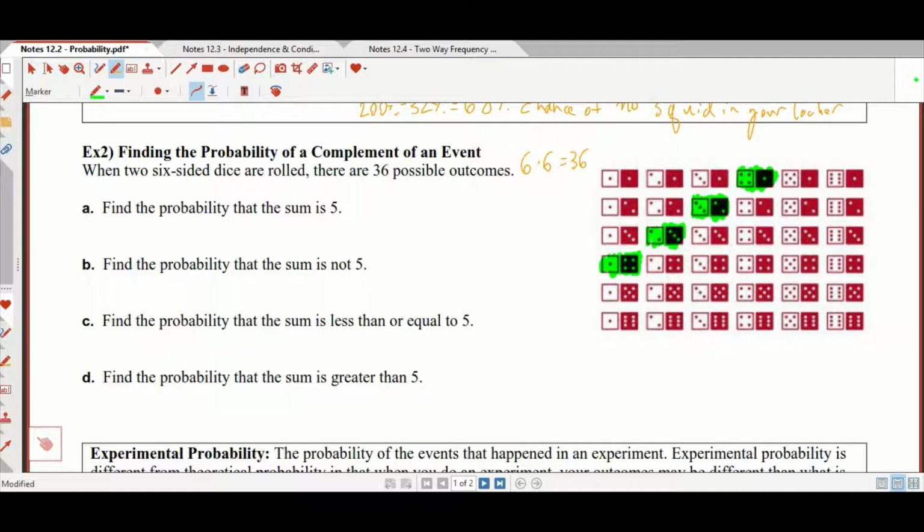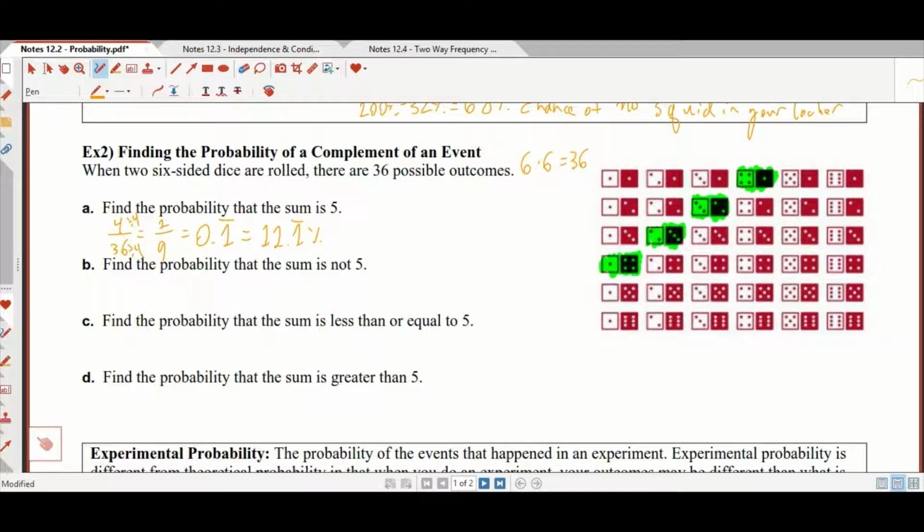Well, that's kind of a fun pattern. I don't believe there's anything else, which means there's 1, 2, 3, 4 out of the 36 ways, which reduces to 1 out of 9. Ooh, that's nice. 1/9 is 0.1 repeating, which equals 11.1 repeating percent.